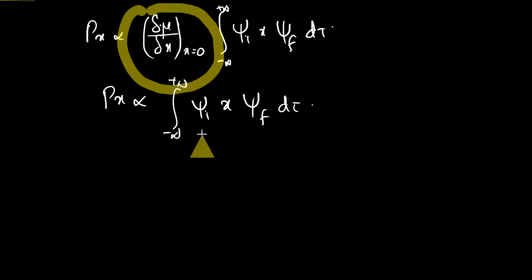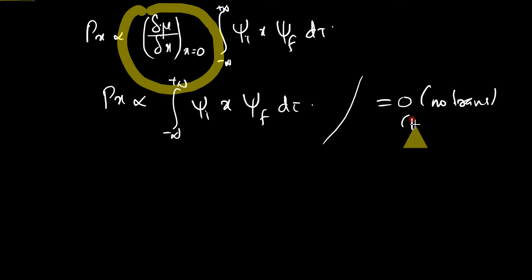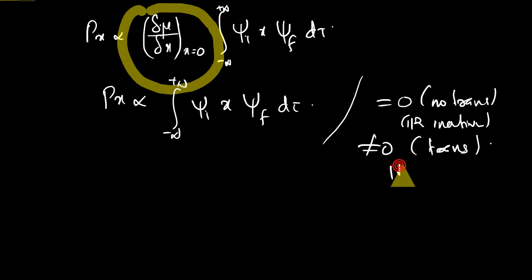If this integral is equal to 0, no transition, it means it is IR inactive. And if this integral is non-zero, there will be a probability for transition, which means it will be IR active. This is what we can understand from here.